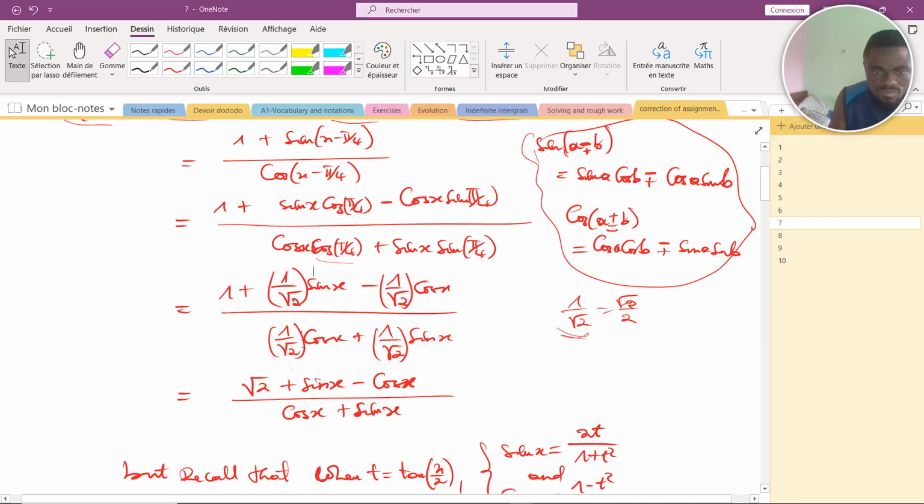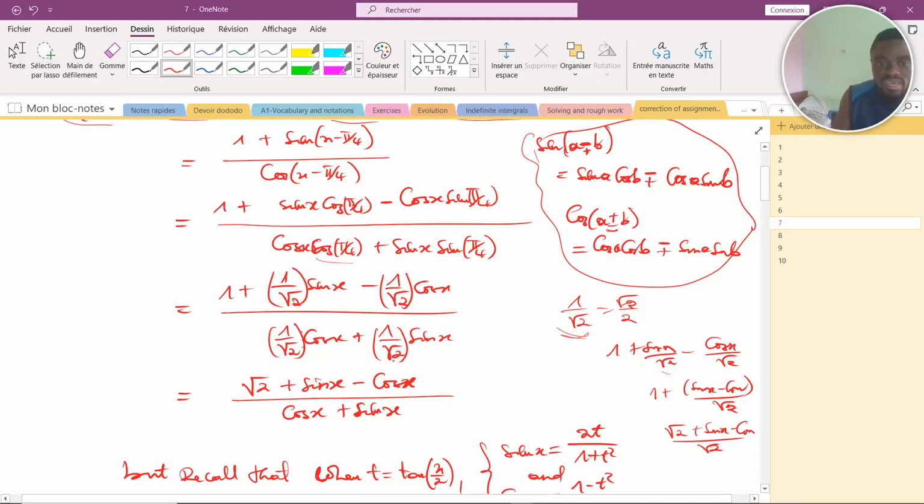Now, at this level, this is the same as 1 plus sine x all over root 2 minus cos x all over root 2. You see that this and this have the same denominator. I'll have 1 plus what? Sine x minus cos x all over root 2. Is that okay? This root 2 will multiply, so I'll have root 2 plus sine x minus cos x all over root 2.